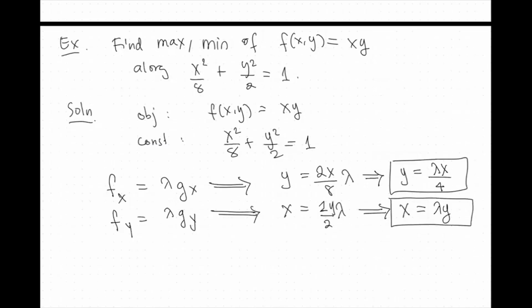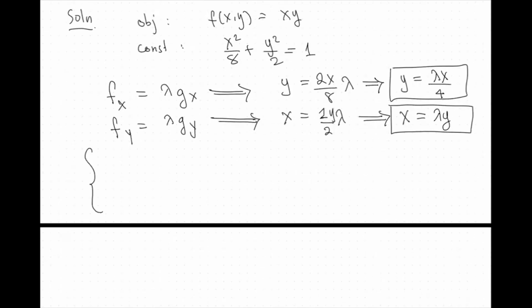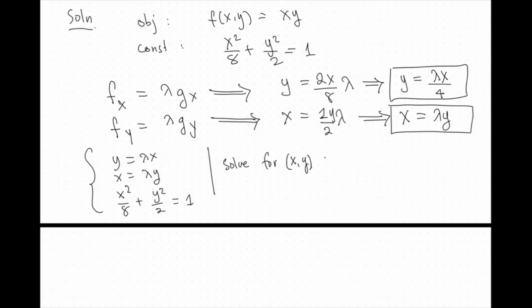So we have a system of equations: y equals lambda x over 4, x equals lambda y, and the third equation is x squared over 8 plus y squared over 2 equals 1. Now we get to solve for x, y, the solution to this system.